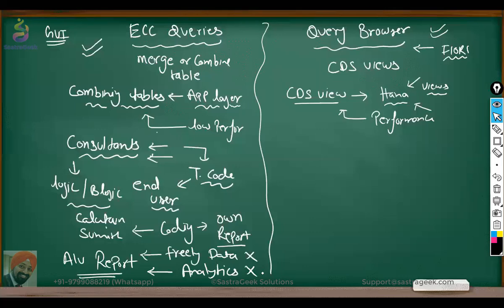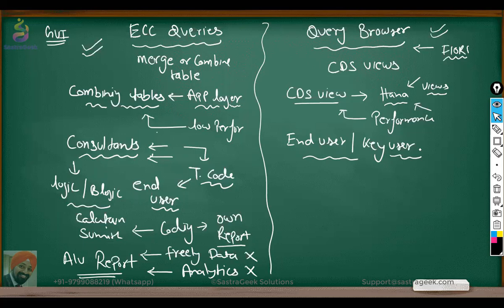The query browser, on the other hand, is more focused on end users and key users, on how easily they would be able to get the information and the analytics.